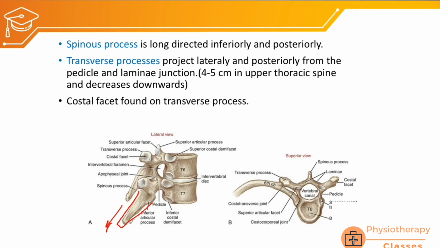There is a costal facet found on the transverse process. We already discussed that. This is the costal facet for articulating with the tubercle of the rib. These demifacets are present for articulation with the head of the rib. These are some of the features of typical vertebrae.